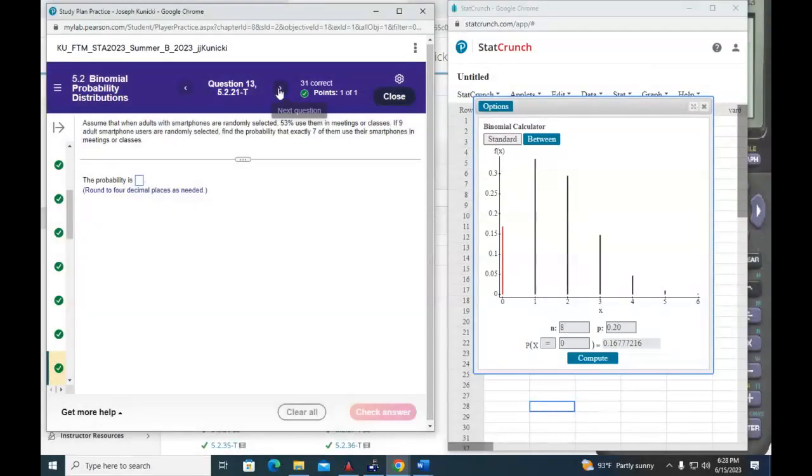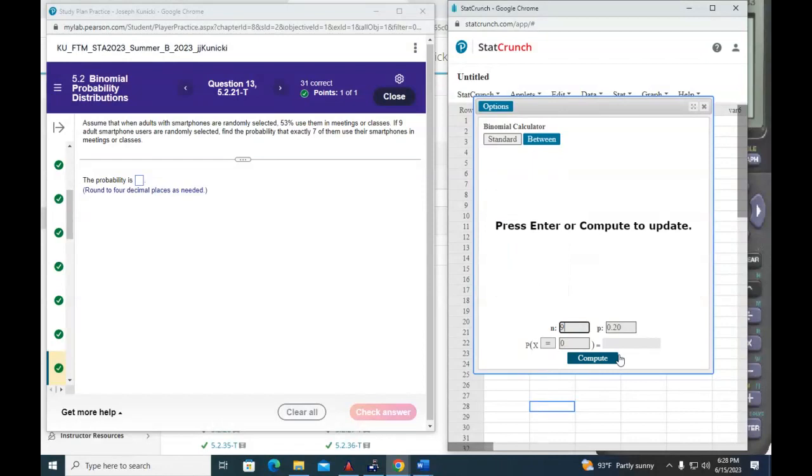Number 13. Assume that when adults with smartphones are randomly selected, 53% of them use them in meetings or classes. If 9 adults, you see right away, I know n is 9, and I know p is 0.53. Find the probability exactly 7 use smartphones. So I just go x equals 7. Compute.